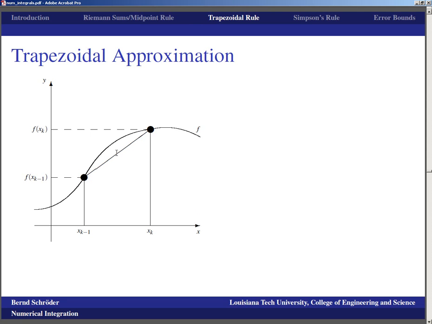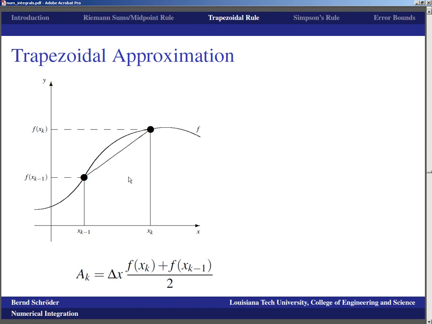Well, if you take this trapezoid and rotate it around the middle, you get two copies of that trapezoid, and the height of that combined trapezoid would be f(x_{k-1}) plus f(x_k), and so the area of twice this thing would be delta x times f(x_k) plus f(x_{k-1}), and since we want to use only half of that, we would have f(x_{k-1}) plus f(x_k) divided by 2 as the area of our kth trapezoid here.